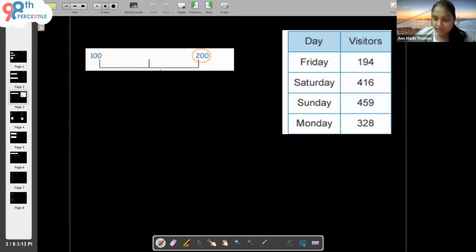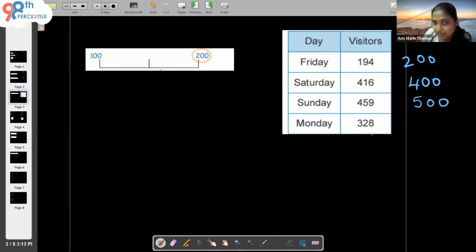Now, if you do the rounding to the nearest tens, 194 will be rounding up to 200. Excellent. 416 will be 400. 459 will be 500.